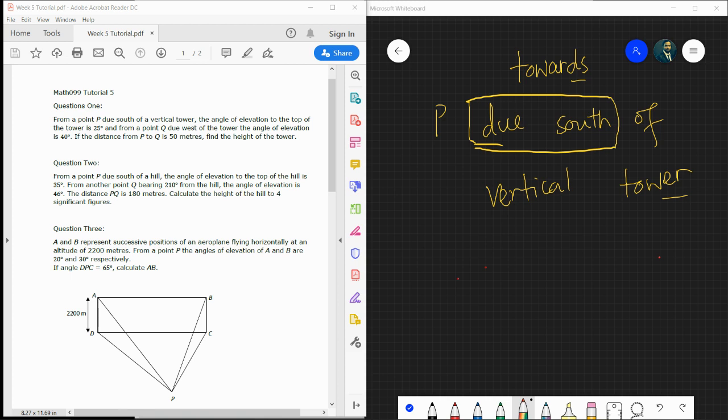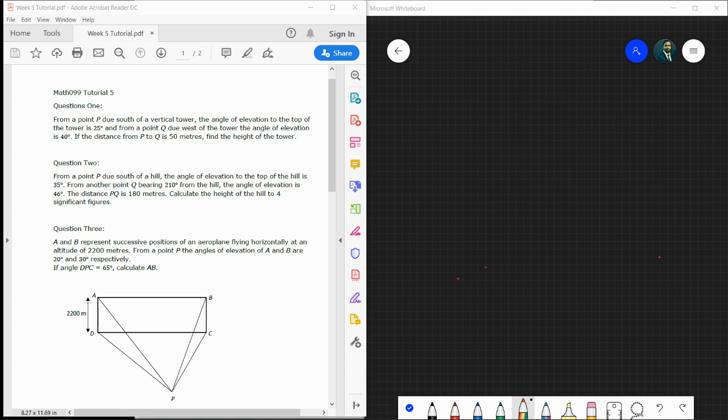Drawing the diagram for a particular question in 3D trigonometry is the hardest part. You have to draw the diagram really well and understand how things are, because we are drawing 3D on a 2D surface. Let's do the orientation, which is this is north, this is south. Never eat soggy with pigs.